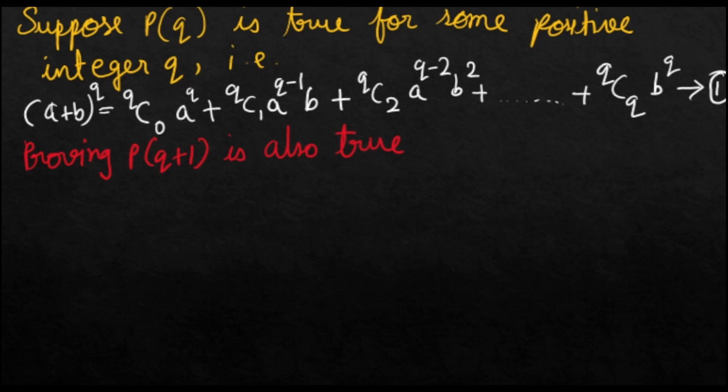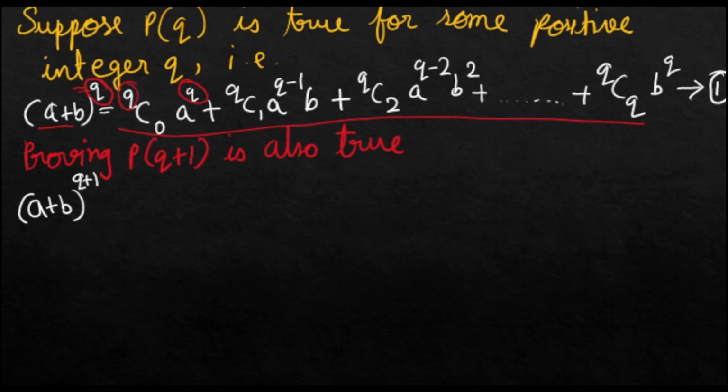Same, you have to write the index q plus 1 instead of q, and you have to expand this binomial expression just like before. Only the index will change. So here we go. A plus B, now I'm going to write q plus 1 for the index.